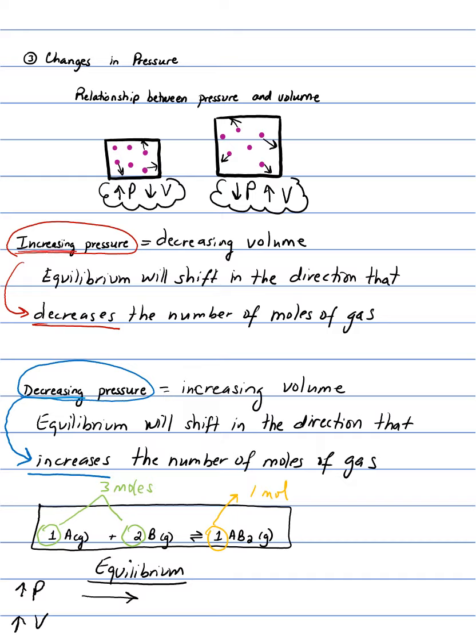So looking at your reaction, on the reactant side, you have a total of 3 moles. If the equilibrium is shifted towards your reactants, now you're forming more moles of gas because you have 3 on the reactant side versus 1 on the product side. Increasing the number of moles of gas will increase the number of collisions, which will make the pressure go up again.